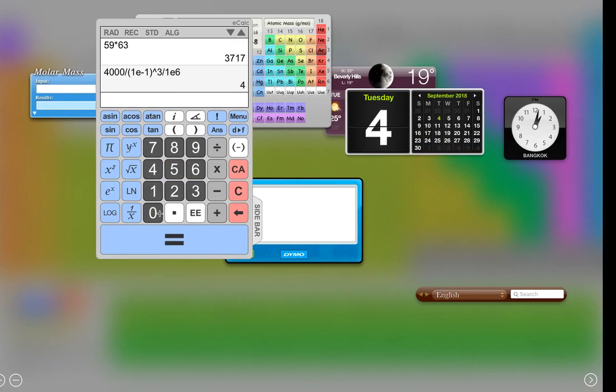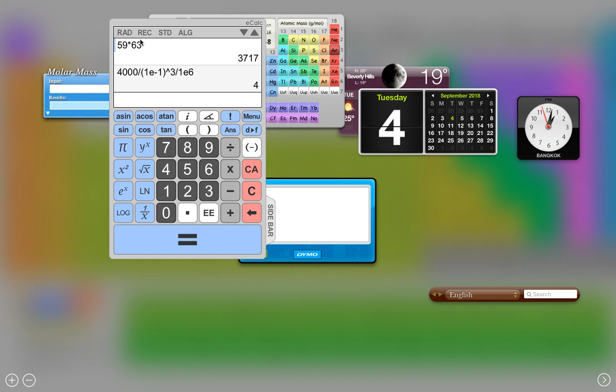All right, now let's go back to that calculation, because I used parentheses, and I want to know if it's okay not to use parentheses. So let me try that. 4,000 divided by 1 EE negative 1, to the power of 3, divided by 1 EE 6 equals. Yeah, it's okay.